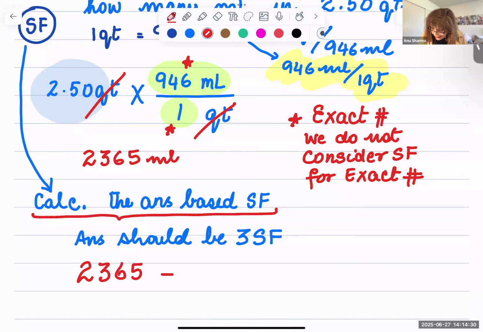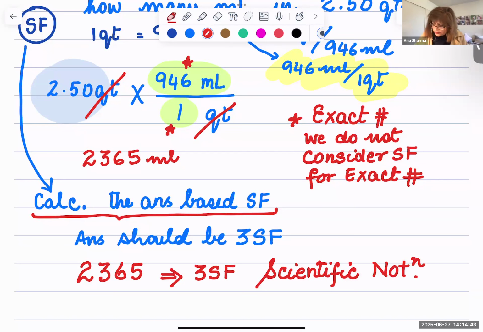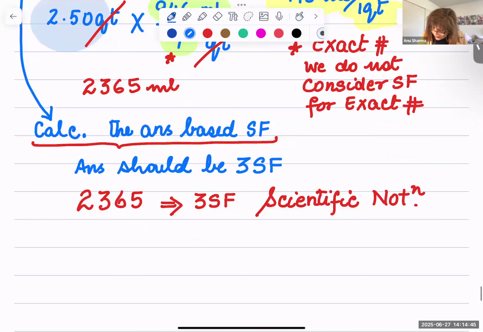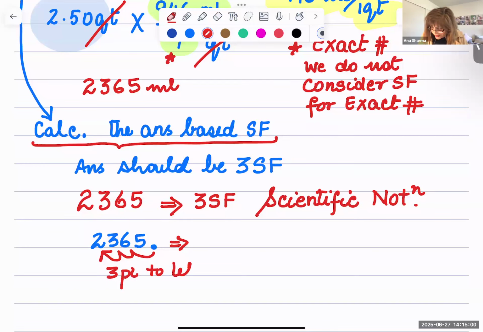To convert this into three significant figures, you will have to write it in scientific notation. So you have 2, 3, 6, 5 point. There's an implied decimal. Move it 1, 2, and 3, so we moved three places to the left.